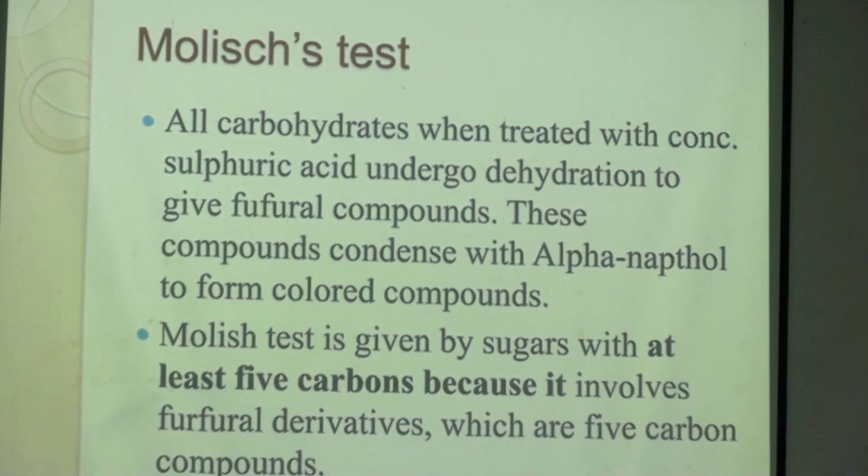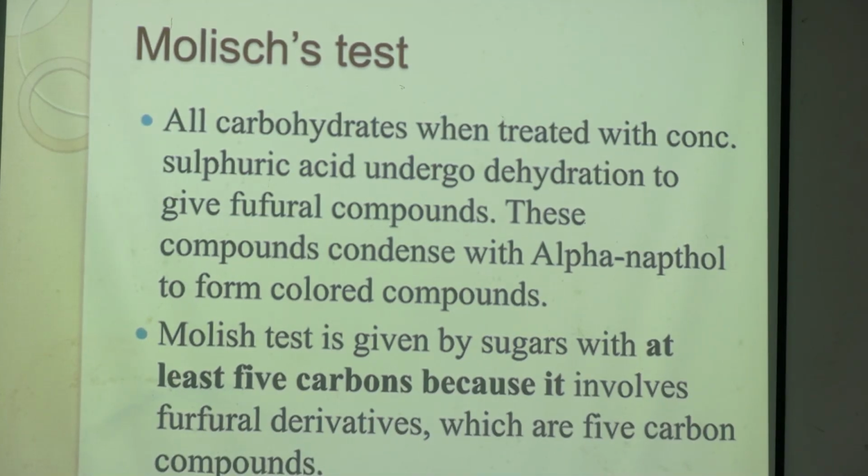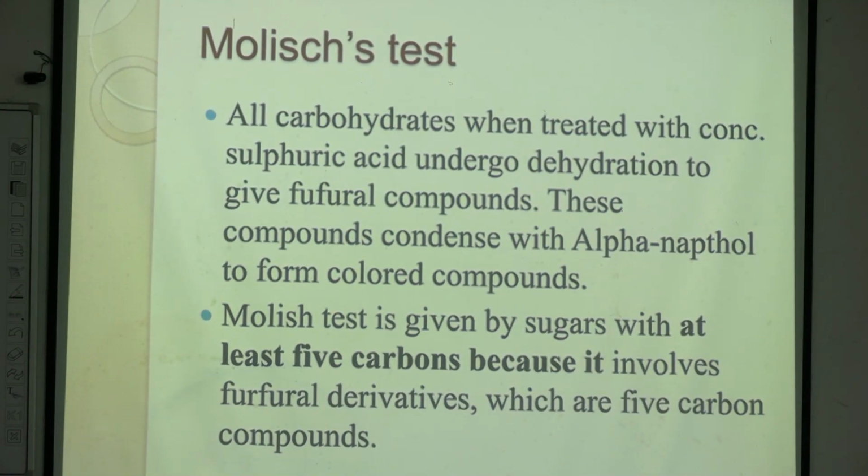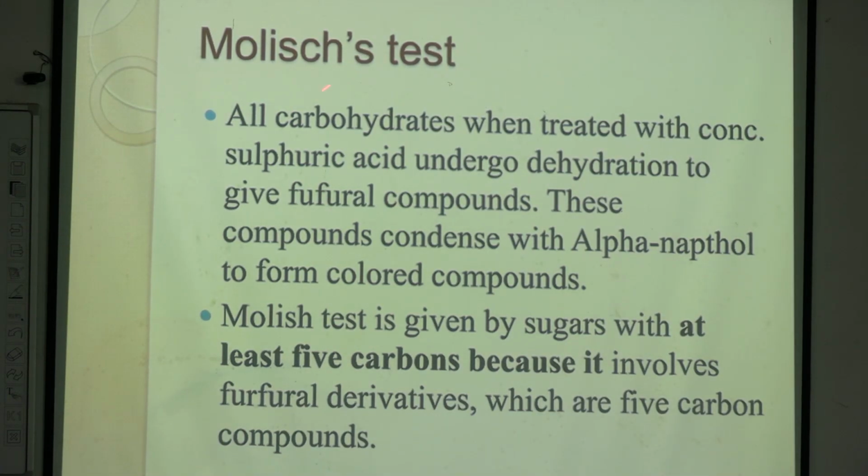Okay, now Molisch test. Molisch test is to determine the presence of carbohydrate. All carbohydrates will give Molisch positive. Okay, this is not required in detail, but just to know what is the role of Molisch test. So in presence of concentrated sulfuric acid, the carbohydrates will form furfural compounds.